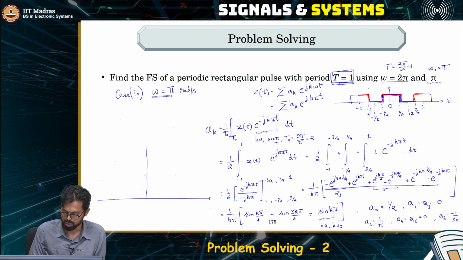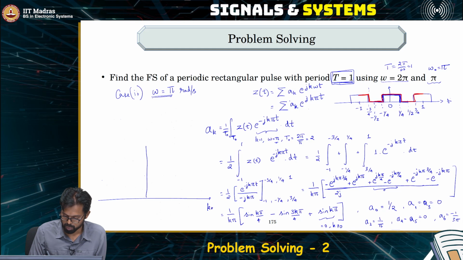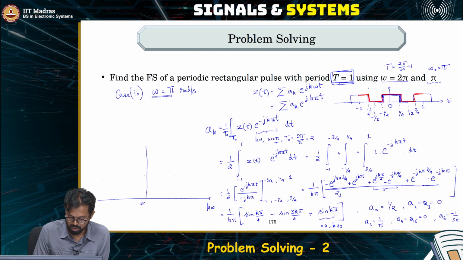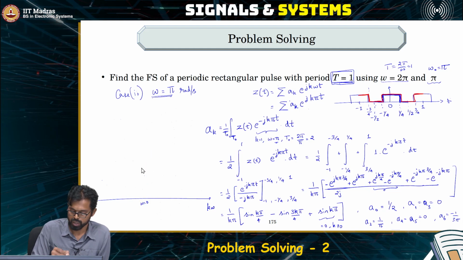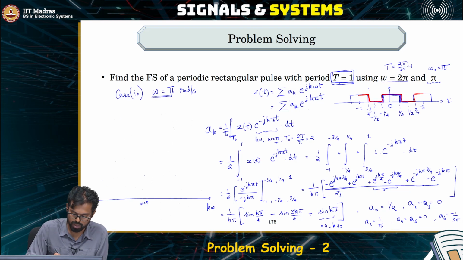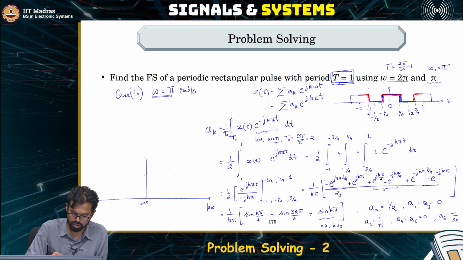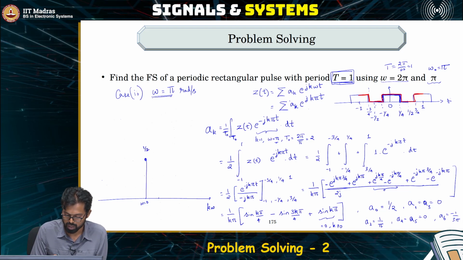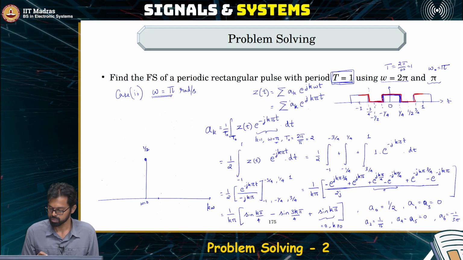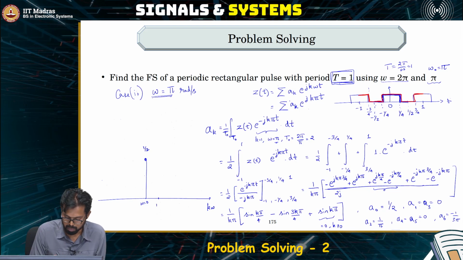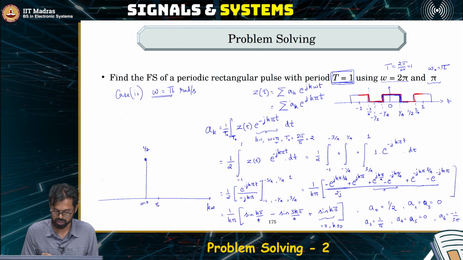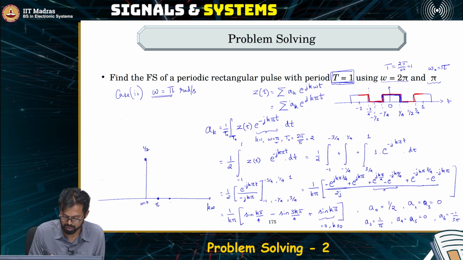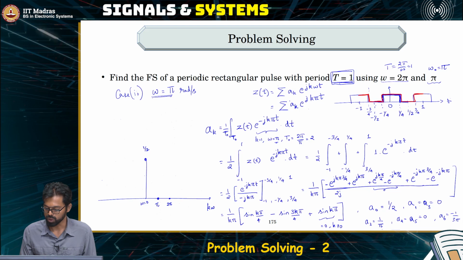Okay. So this is k omega. In other words, when omega equals 0, what do we have? A0, which gives us half. This is half. Okay. And when omega equals 1, that is k equals 1, we have omega equals pi. That gives us 0. Okay. And omega equals 2 pi, we have k equal to 2.